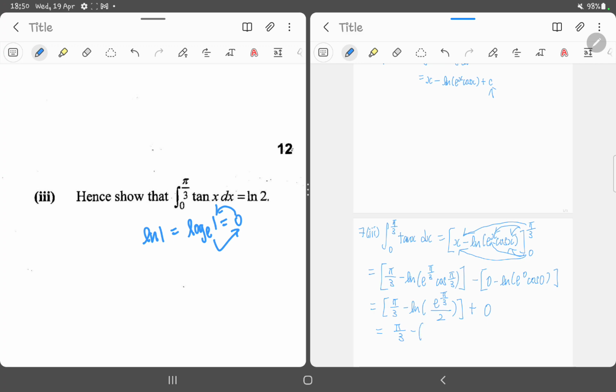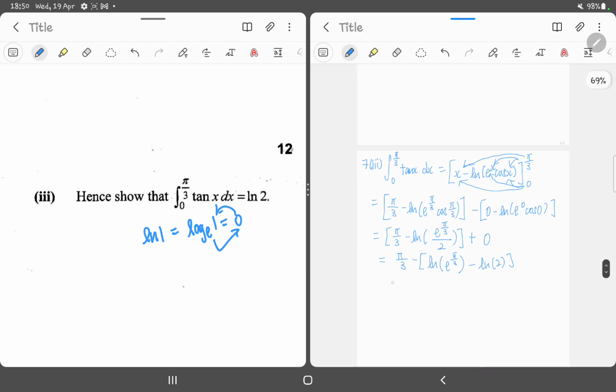bracket, let's write the square bracket over here, ln of e to the power of pi over 3, and then we have our minus ln 2 using the quotient rule in the laws of logarithm. So this simplifies to pi over 3.